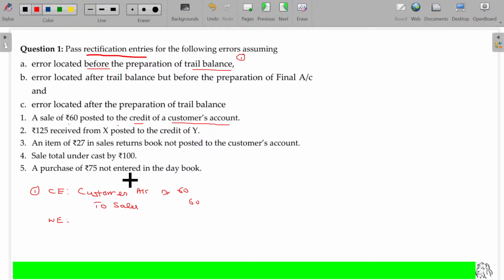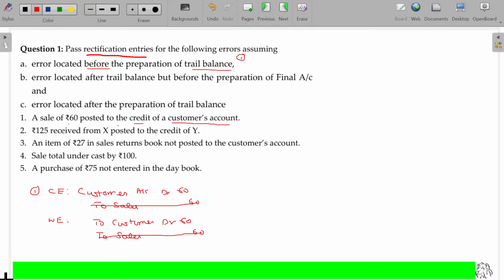Posted to the credit of customer's account. To customer's account and to sales account. This is the wrong entry. The value being 60. Is that okay? Remember, sales appears in the correct entry as well as the wrong entry on the credit side, no problem. So it is not a problem for us.